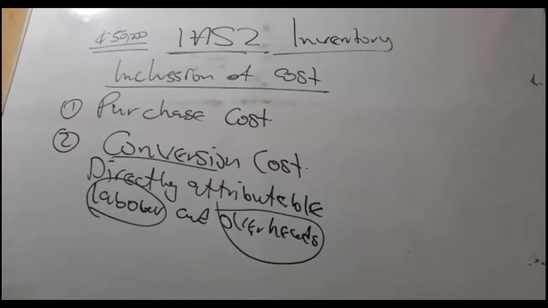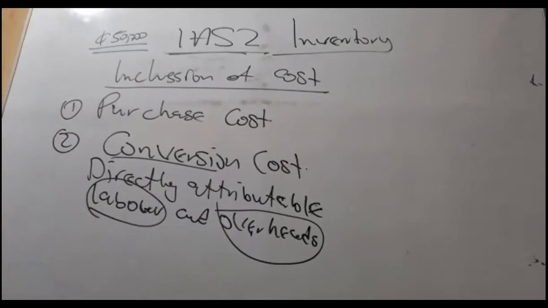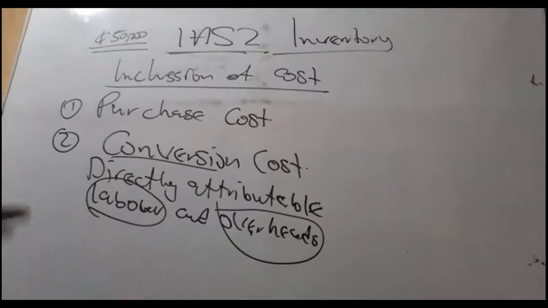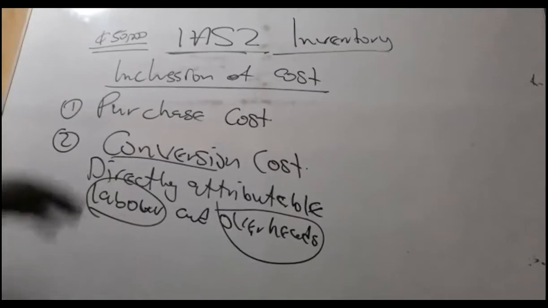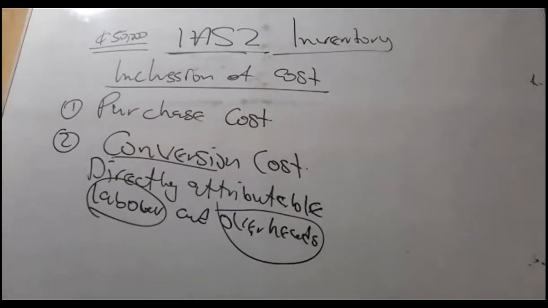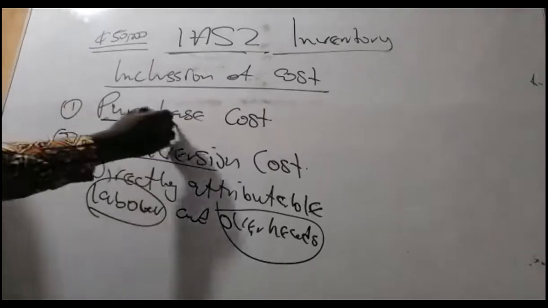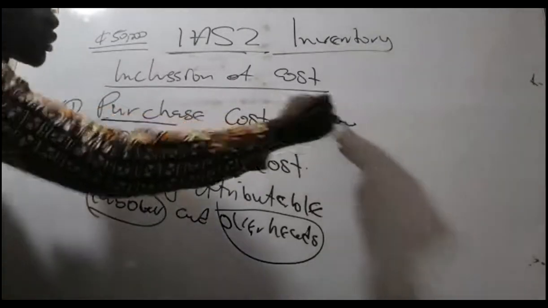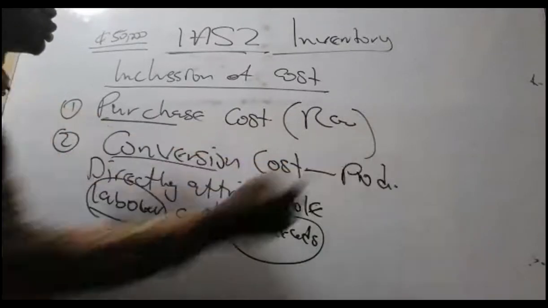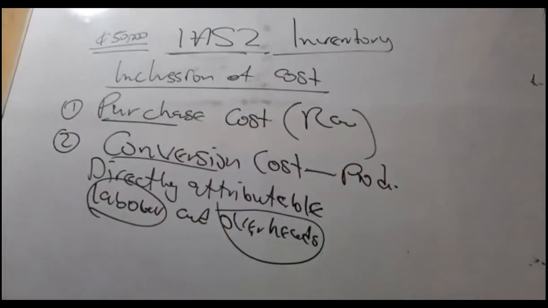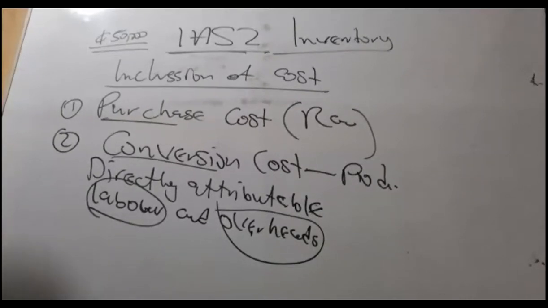If it's your general operations, admin costs, those do not form part; that's not what you're talking about here. Admin overheads should not be here. If you were a manufacturing company, then you will buy raw materials, and this one will be the production cost.